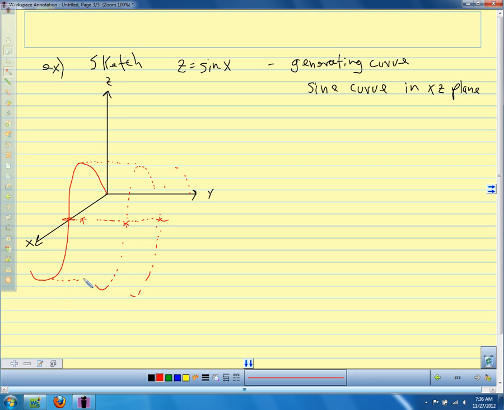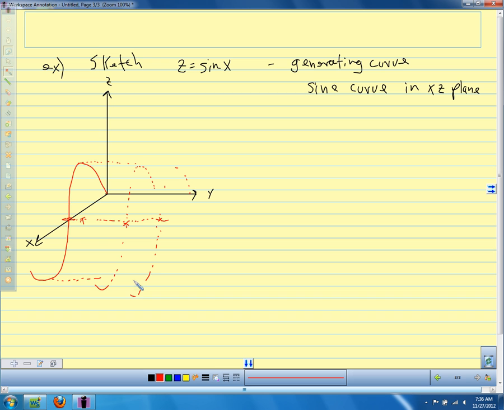And I have this kind of wavy surface. I think of this as looking like a corrugated roof. So it's going to extend infinitely in the positive negative x direction with my sine curve, and then the y direction is going to stretch out. So this would look like a corrugated sheet. Is the way I kind of visualize this one.